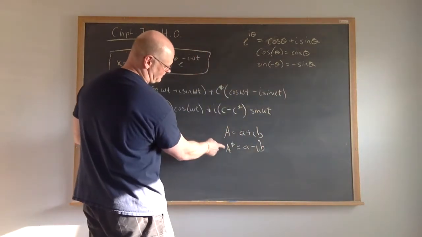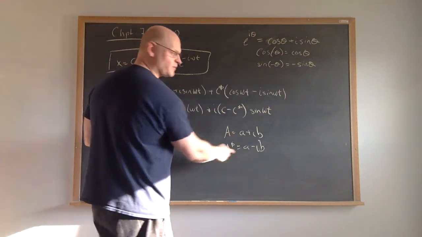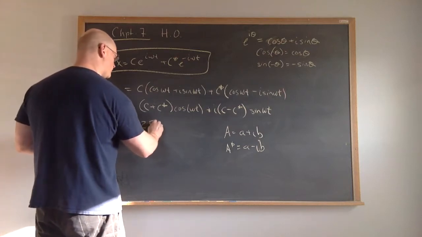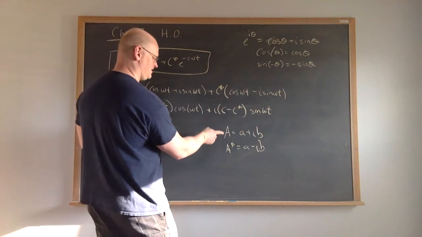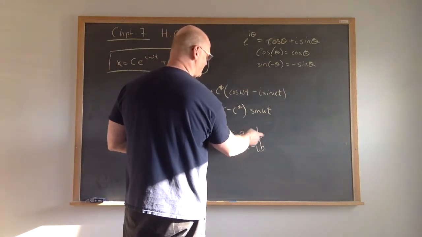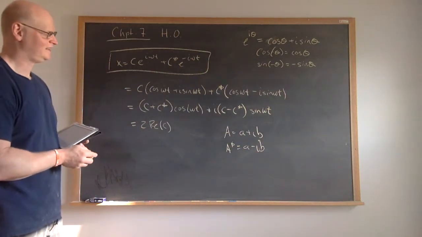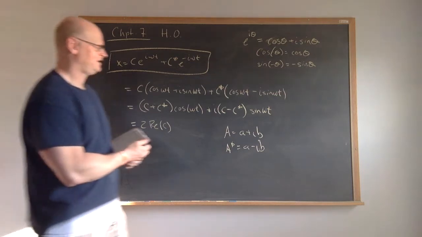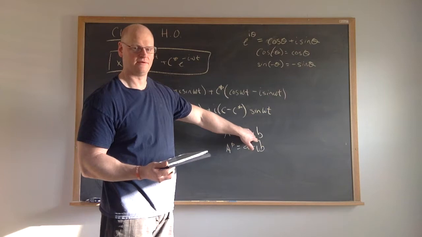So if I take a plus a star and add them together, that's simply twice a, which means this is equal to twice the real part of c. Now, if I take a minus a star, then that's going to be what? i times b plus i times b, which is simply twice i times b.